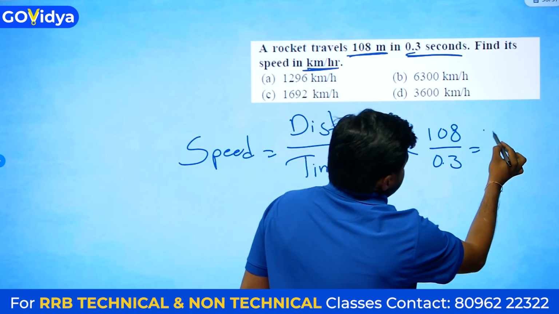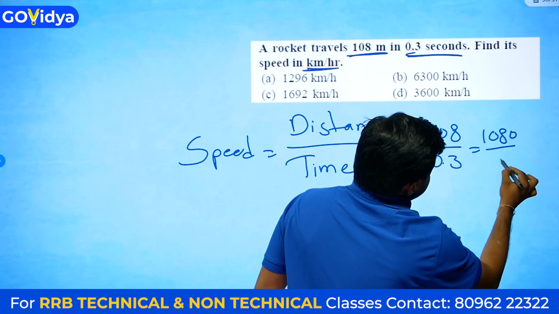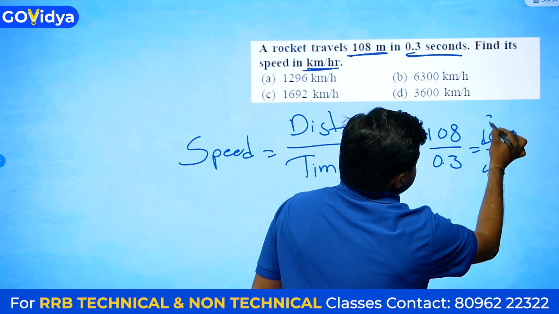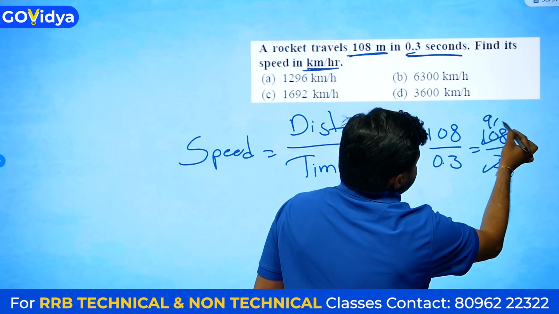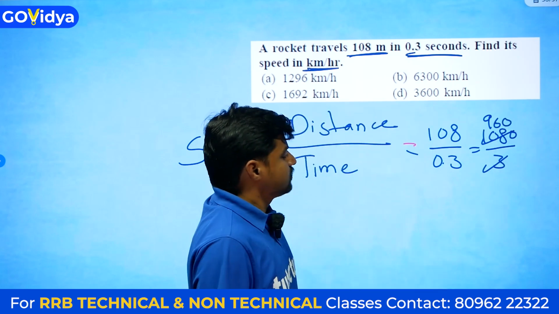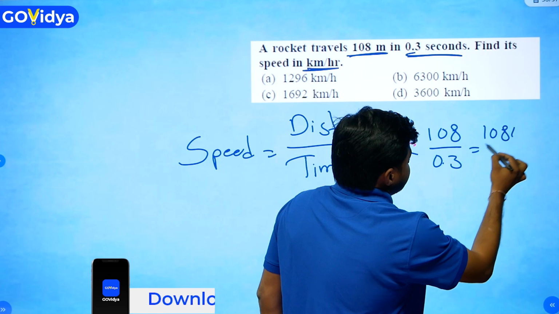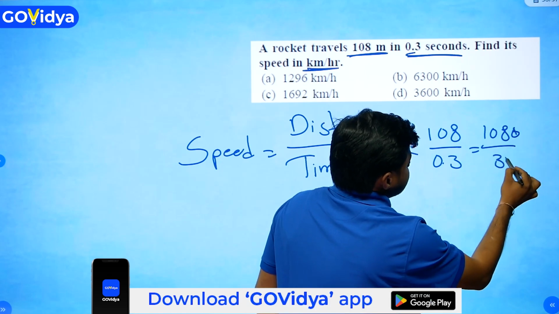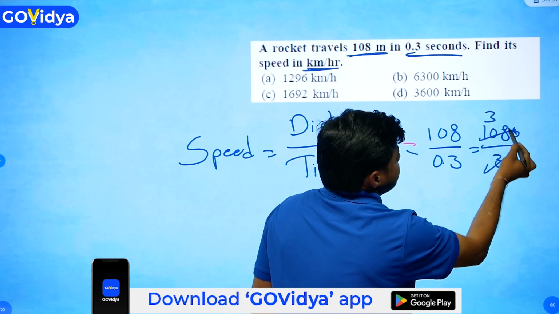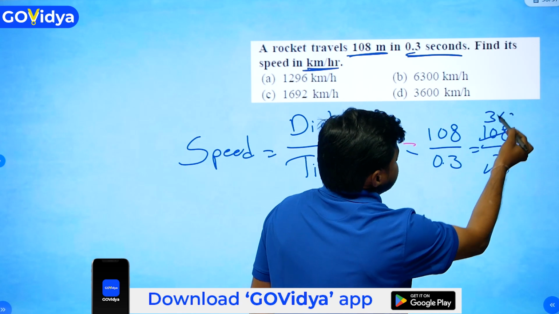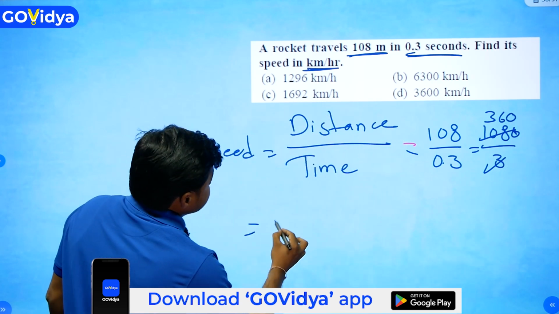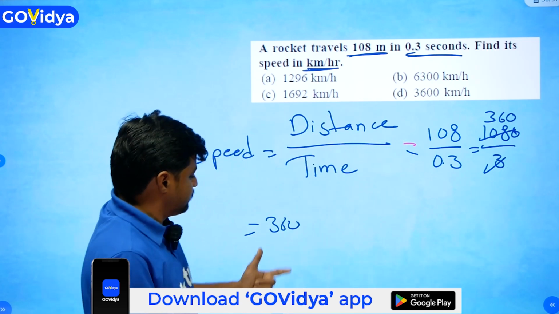Okay, 1080 by 3. 3 1 ja, 3 9 ja. Okay, 18. 3 6 ja, 18. Okay, we can also write 1080 by 3. 3 1 ja, 3 3 ja, 9. 18. 3 6 ja, 18. 0. 360. Okay, 360 is the meter per second.